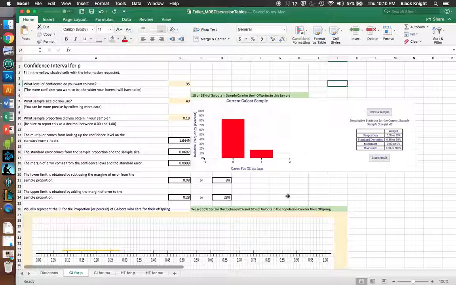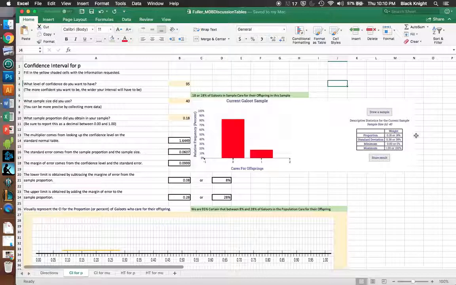In my sample, you can see over here, the proportion was about 0.18, or 18% of the sample were caring for their offspring, and the standard deviation for that was 0.38, or about 38%.